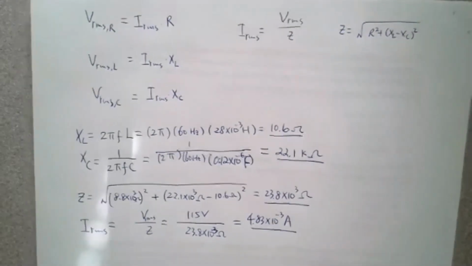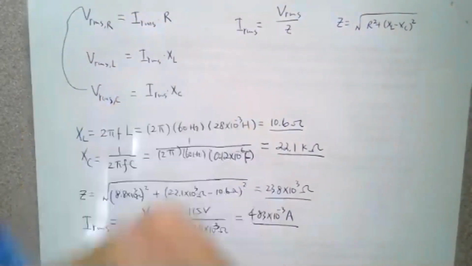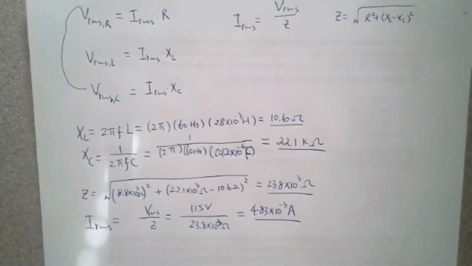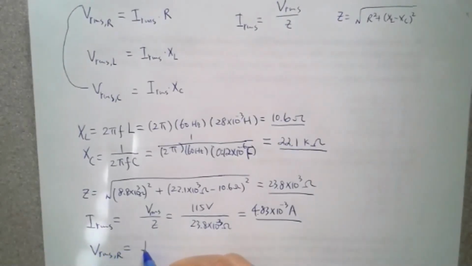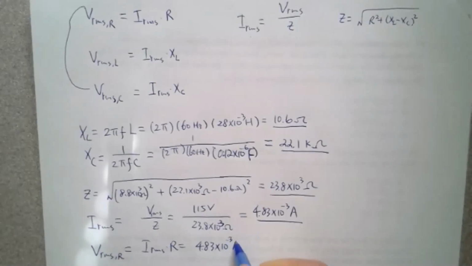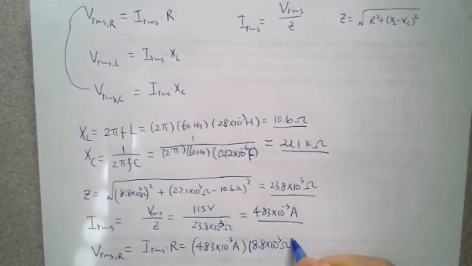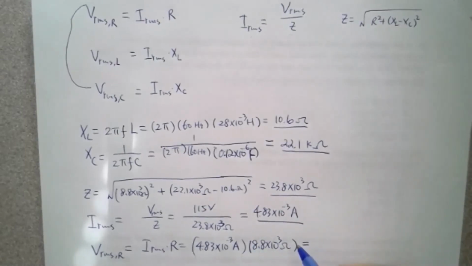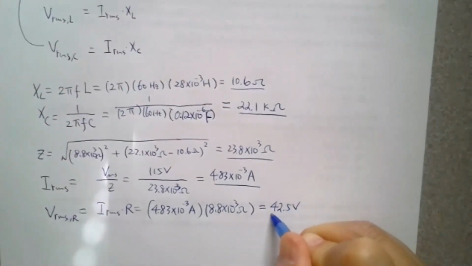So with your IRMS, you can calculate the 3 RMS voltages asked here. VRMS on R is equal to IRMS times R, 4.83 times 10 to the negative 3 amps times the R, 8.8 times 10 to the third ohms. That will give you 42.5 volts.